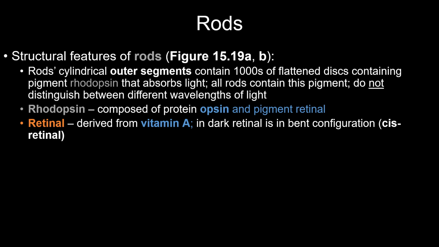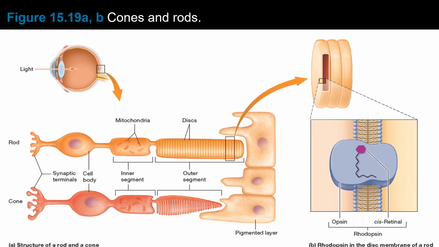In the dark, the retinol is in a bent configuration known as cis-retinol, and all rods contain this pigment, and they do not distinguish between each different wavelength of light. And so here you see exactly what I'm talking about. You see all these flattened discs full of opsin and retinol in this area.